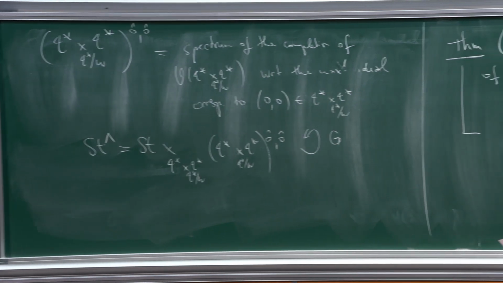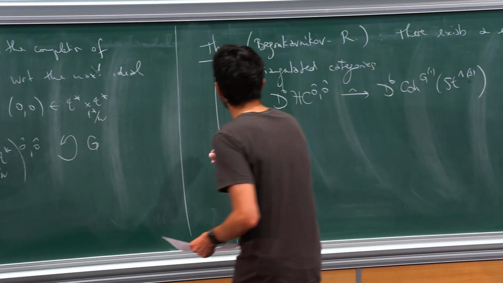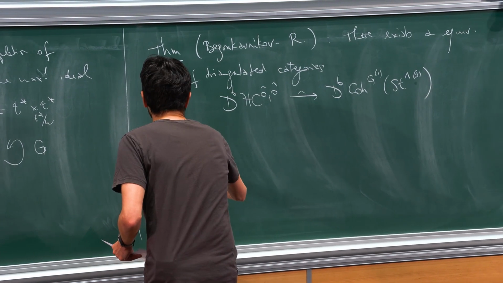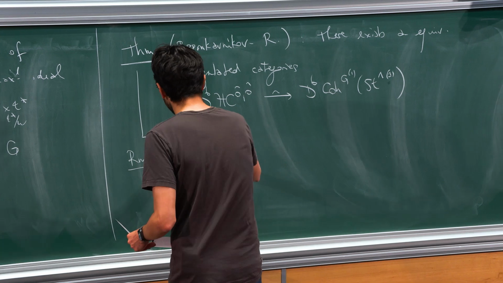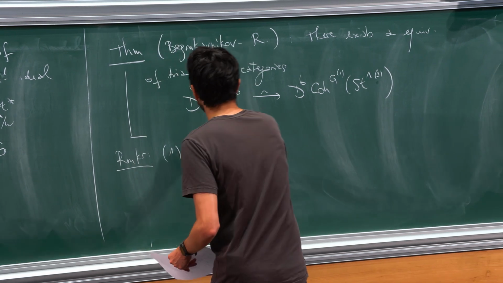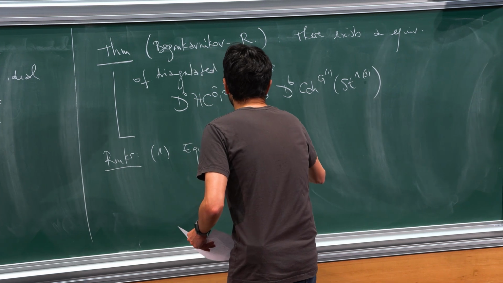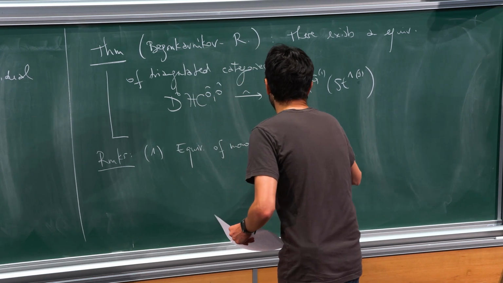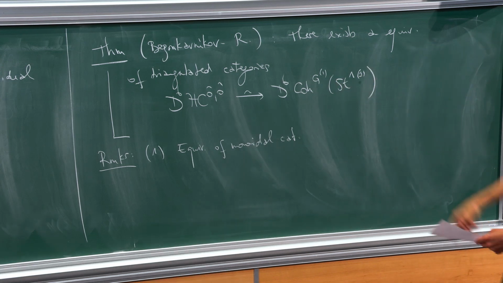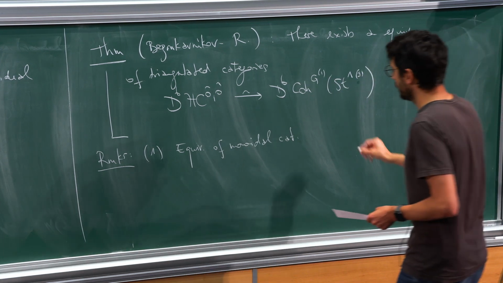Yeah, so I want to make a number of remarks on this result. The first one is that this is an equivalence of monoidal categories for a certain monoidal structure, but I didn't explain properly the monoidal structure on the right-hand side.